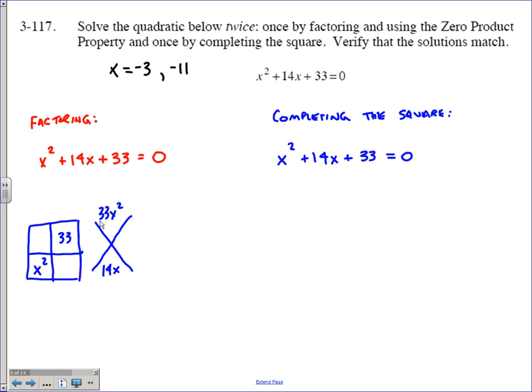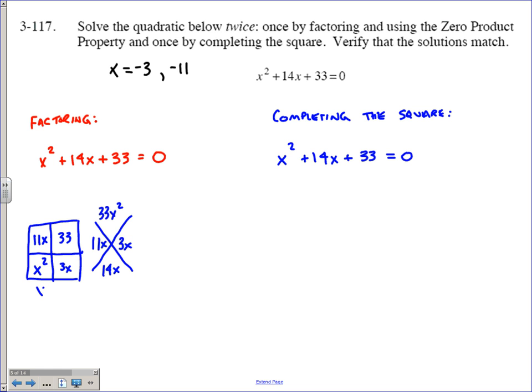Anytime I see a repeated number like that, the first thing that jumps into my head is 11. We're going to have 11x and 3x. 11x times 3x is 33x squared. When you add them, you get 14x. So let's put our 11x here and our 3x here. Next part, what do 11x and x squared have in common?